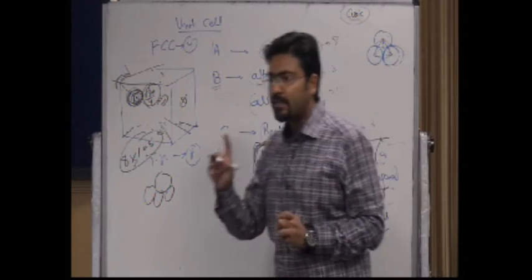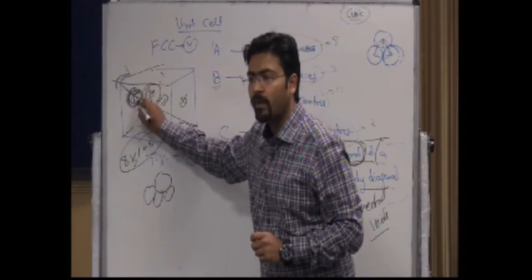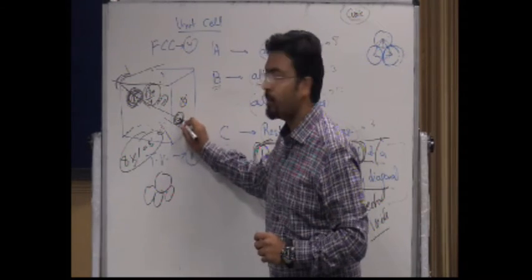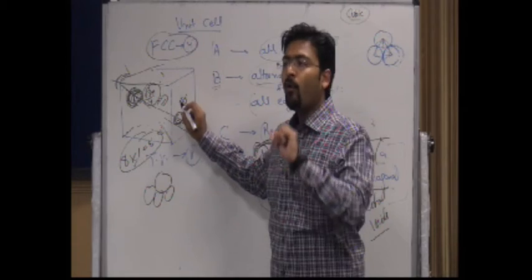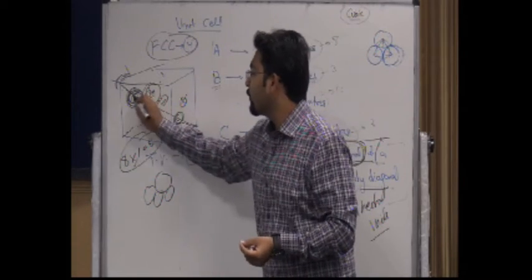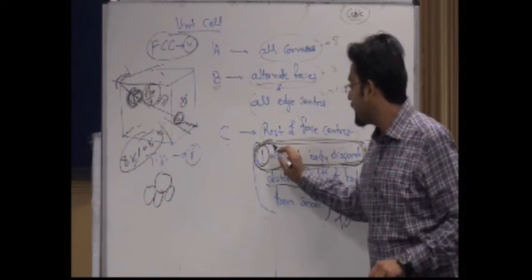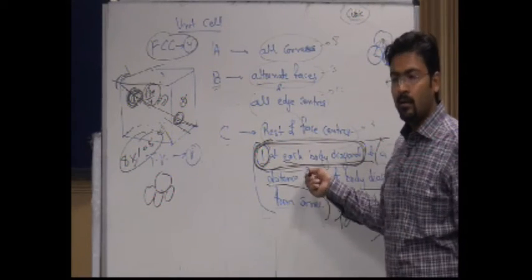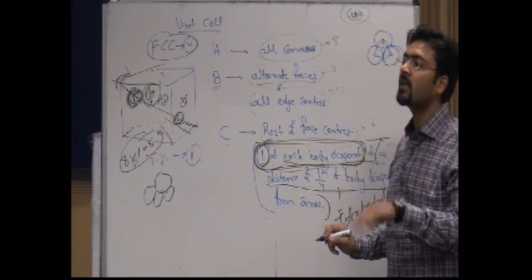But in the ideal scenario, on each body diagonal, from one corner, one tetrahedral void will be here, and from another corner, another tetrahedral void will be here. So in FCC, if all the tetrahedral voids are filled, you will find 2 tetrahedral voids per body diagonal. But it says there is only 1 at each body diagonal, which means only 4 tetrahedral voids are filled.